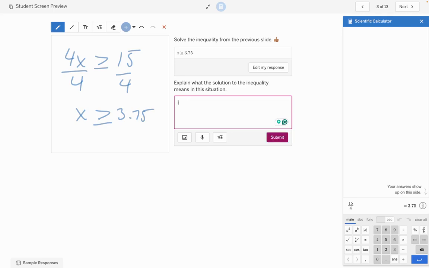It means that she needs to buy OJ and donuts for four or more friends.